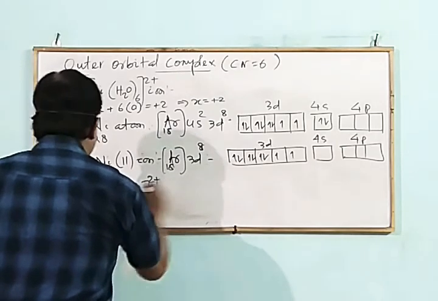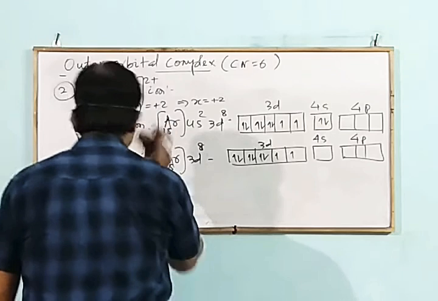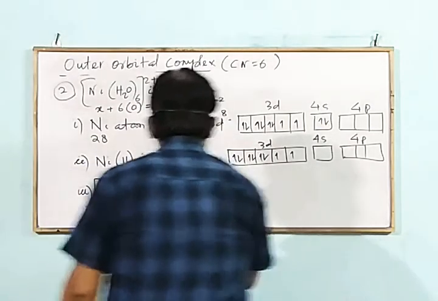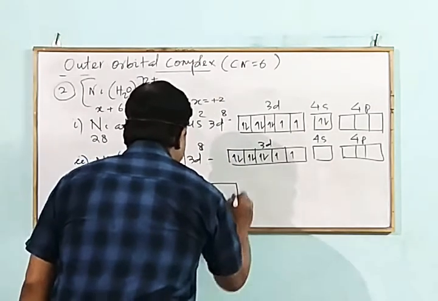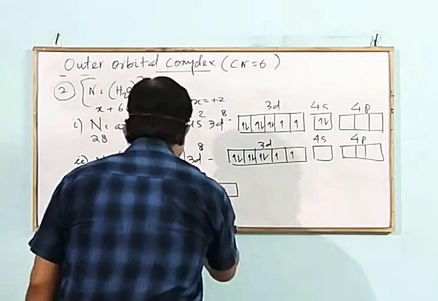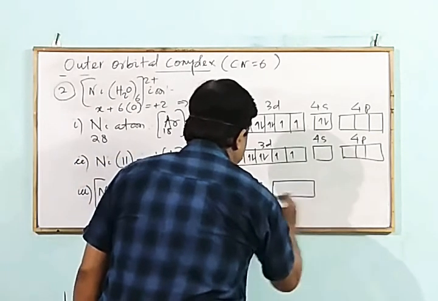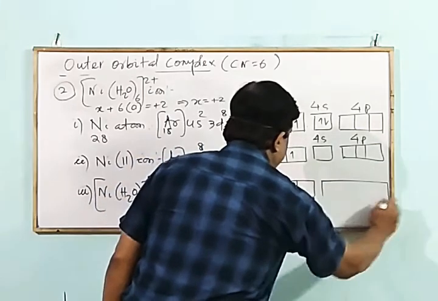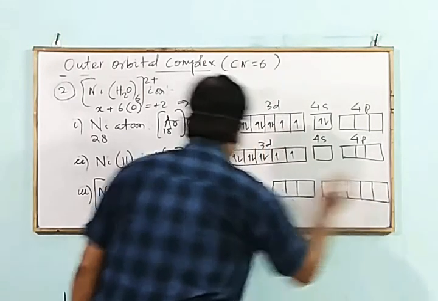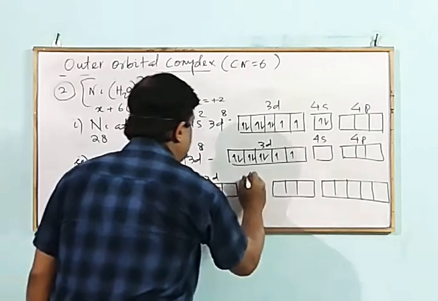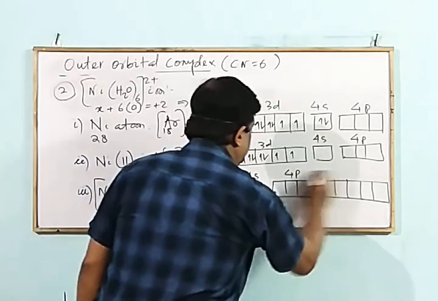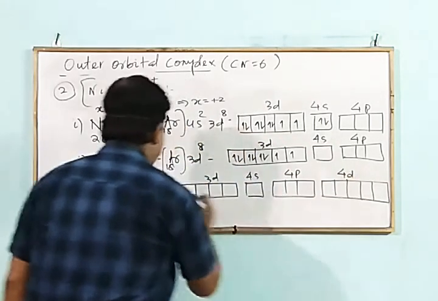Ni(H2O)6 2+. Box-like diagram: 3d, 4s, 4p, 4d. It is 3d, 4s, 4p, 4d.